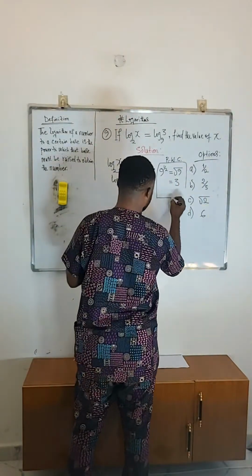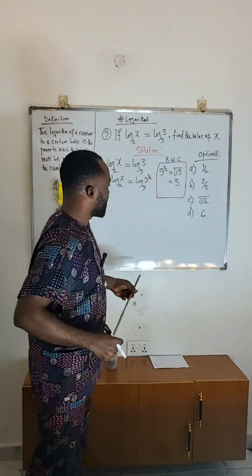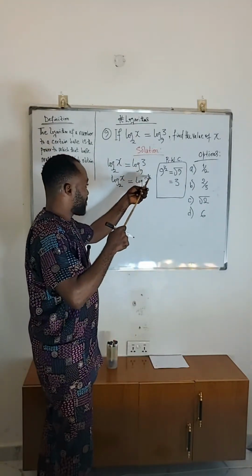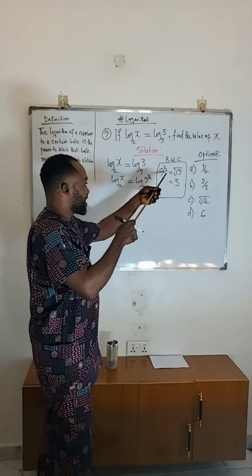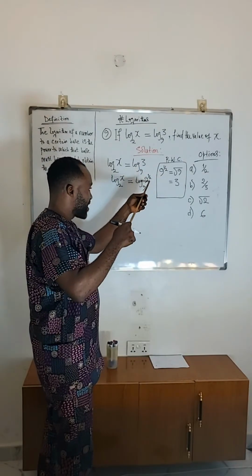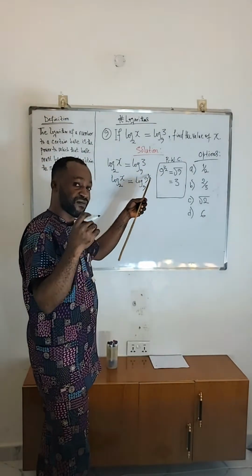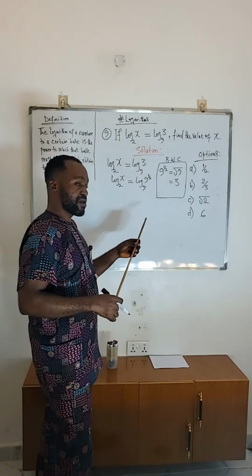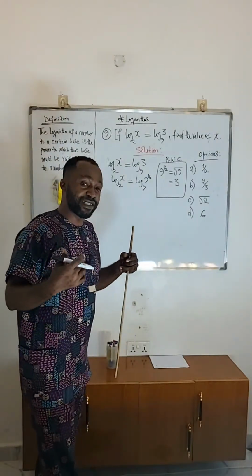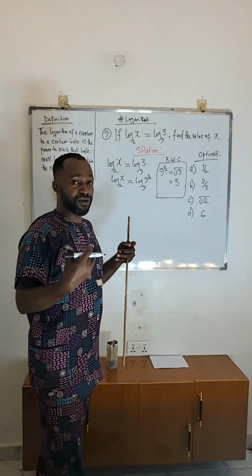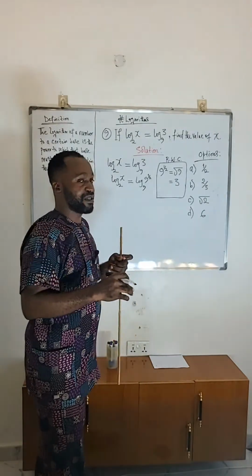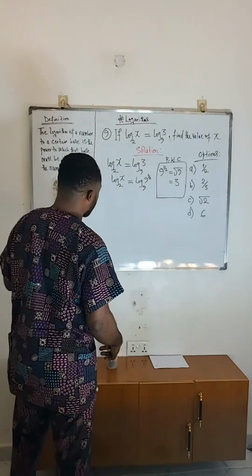So if you know this, then 9 raised to the power of 1/2 is the same thing as square root of 9. And what will square root of 9 give us? It will give us back 3. Okay? So mathematics is all about manipulation, and you cannot manipulate if you do not know the rules guiding that stuff.